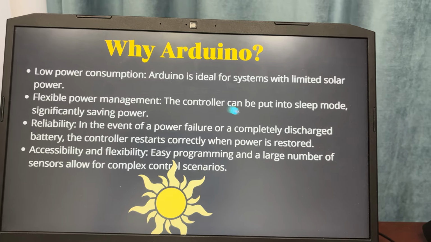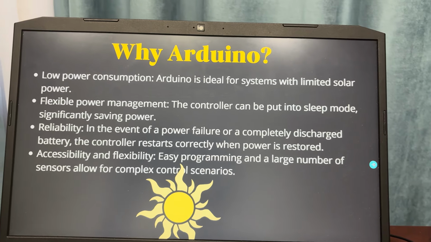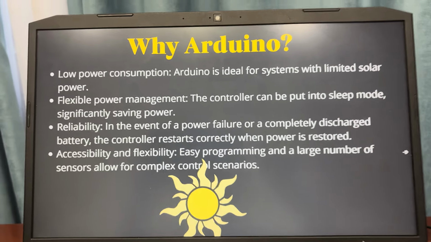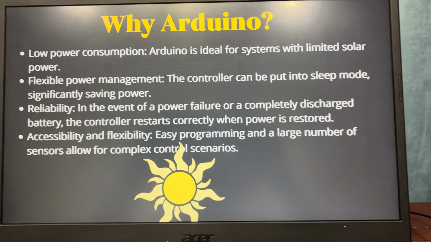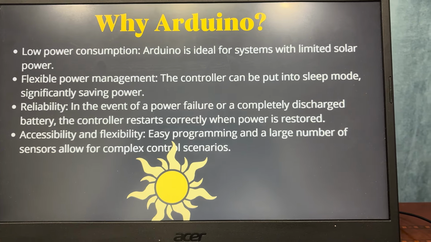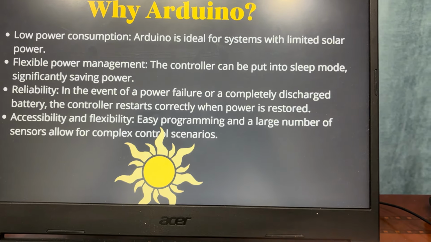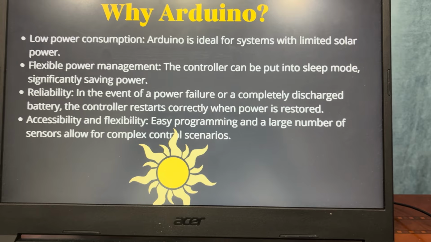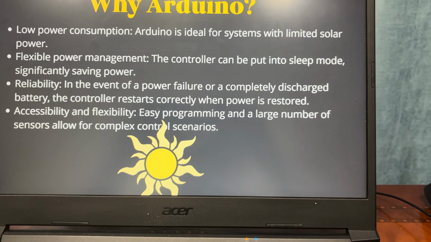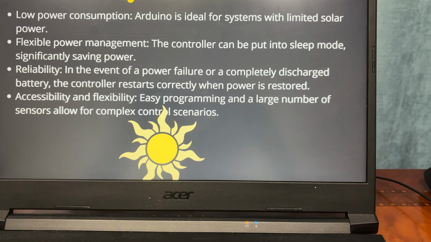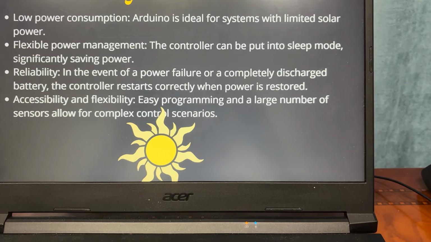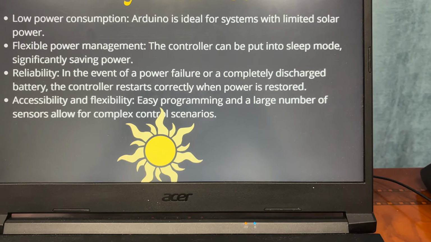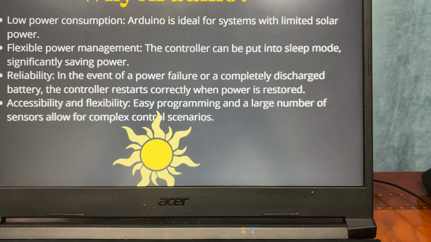The controller can be put into sleep mode, significantly saving power during the daylight part of the day. Reliability in the event of a power failure or a completely discharged battery. The controller restarts correctly when power is restored. And accessibility and flexibility: easy programming and a large number of sensors allow for complex control scenarios.